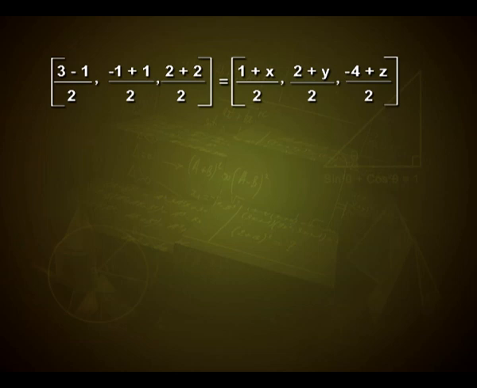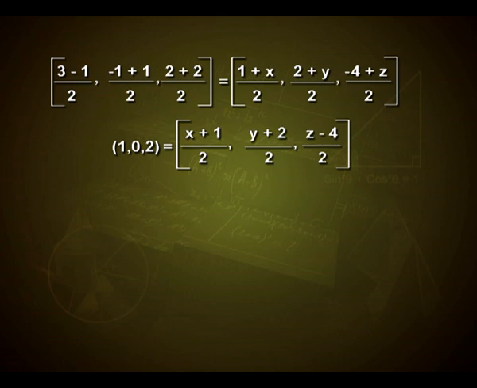We have here (1, 0, 2) equal to ((x + 1)/2, (y + 2)/2, (z − 4)/2).